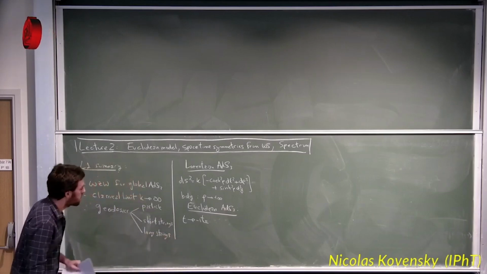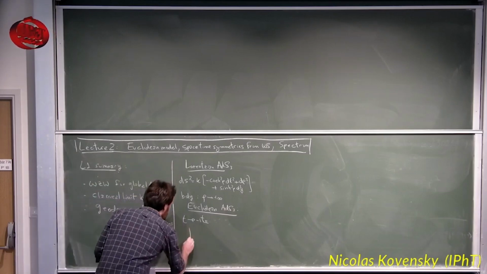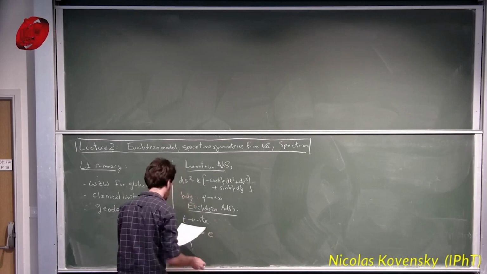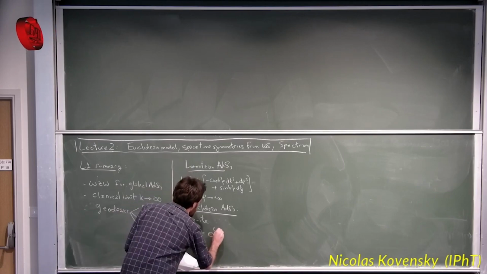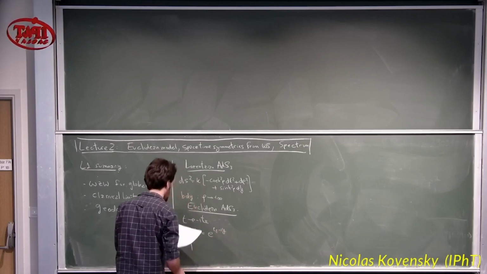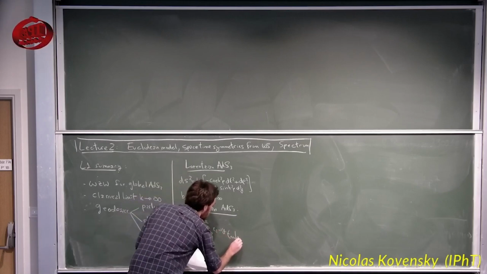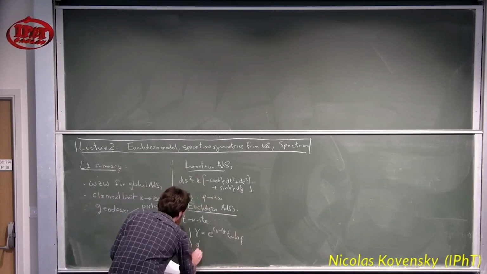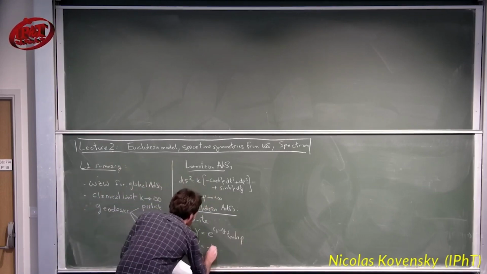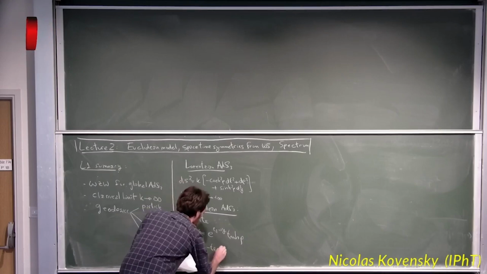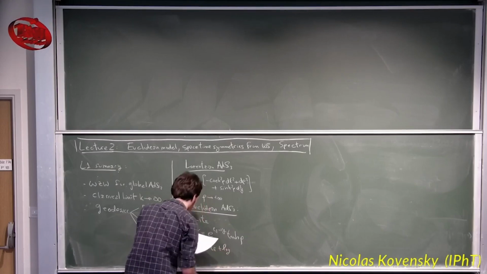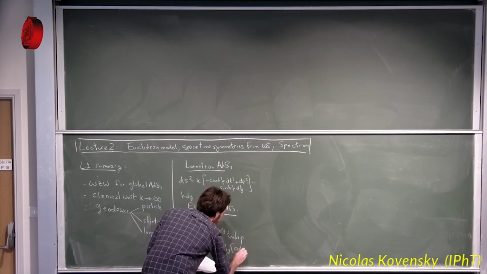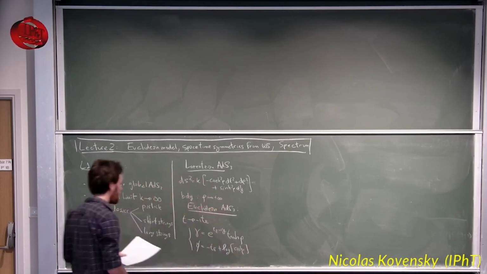And I'm going to define two new coordinates, which are going to be gamma, defined as e to the tau plus iy, hyperbolic tangent of rho, and phi, which is minus the Euclidean time plus log of cos rho.